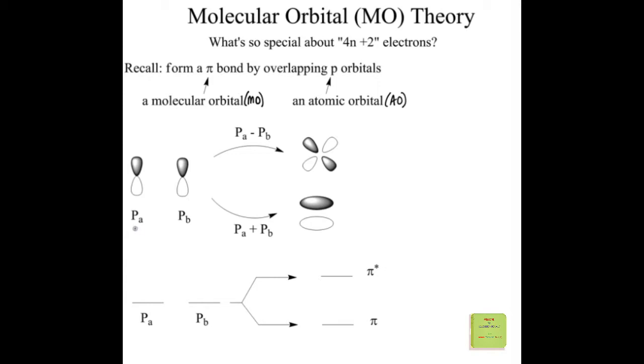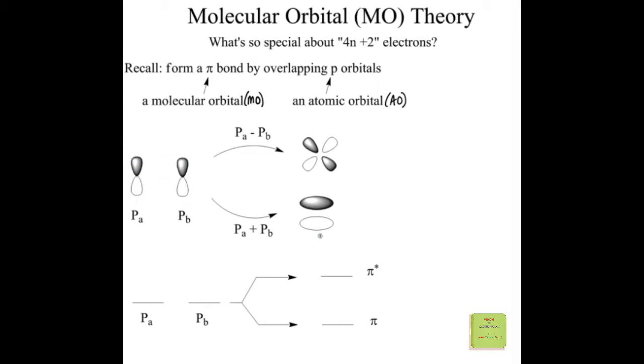So if we describe this as PA and PB, let's say they have the same phase. And again, we're using some shading here to indicate the mathematical signs. So let's assume the signs are the same on the top lobes and the same on the bottom lobes. So if you add these two together, PA plus PB, you're going to have a positive interaction with the top half and a positive interaction with the bottom half.